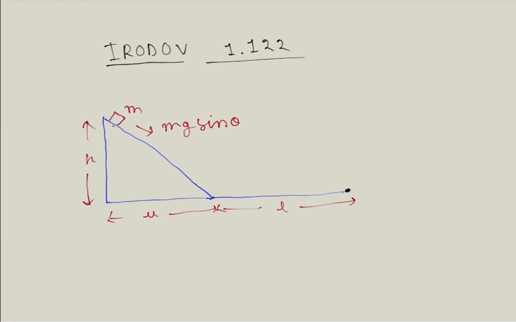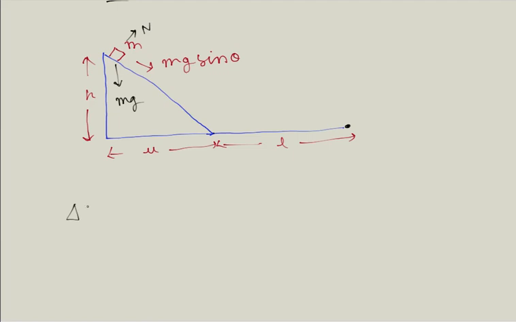So the forces working on the disk are the normal force and the gravitational force, and the component of gravitational force along the inclined plane is making it move. And so for solving this question, we will have to use the work energy theorem: work done by conservative force plus work done by non-conservative force is equal to change in kinetic energy.